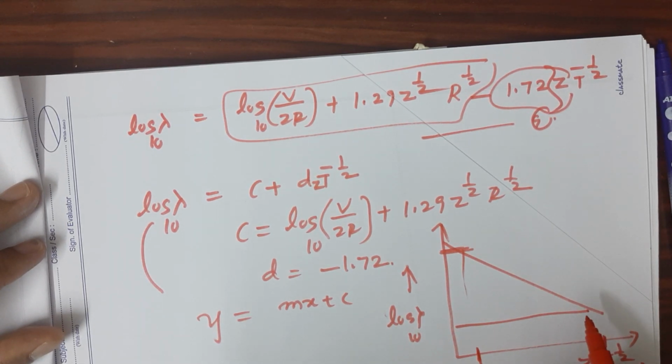Therefore, the elements having lesser decay constant or more half-lives will emit more kinetic energy alpha particles. So that was explained by the Geiger-Nuttall law.